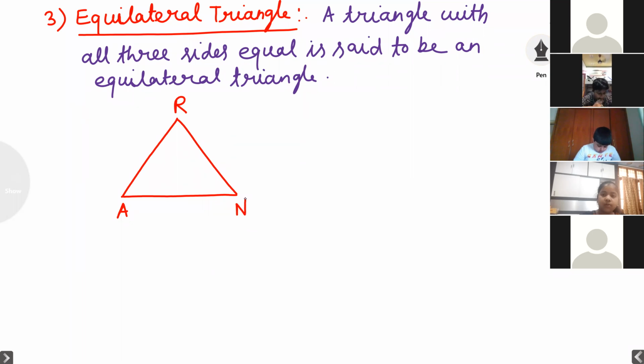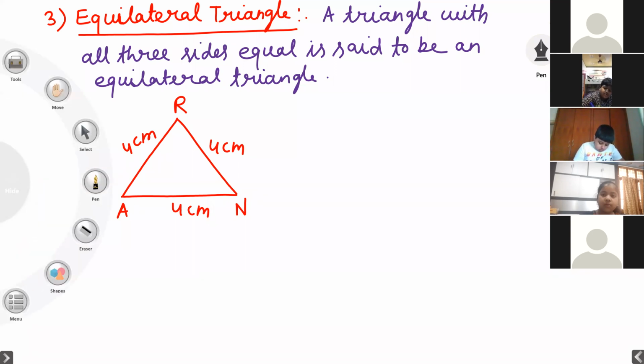Suppose this triangle name is RAN, 4 centimeter, 4 centimeter, 4 centimeter. All the three sides are equal. That is called an equilateral triangle.